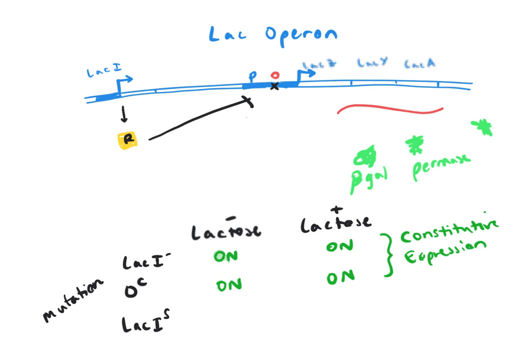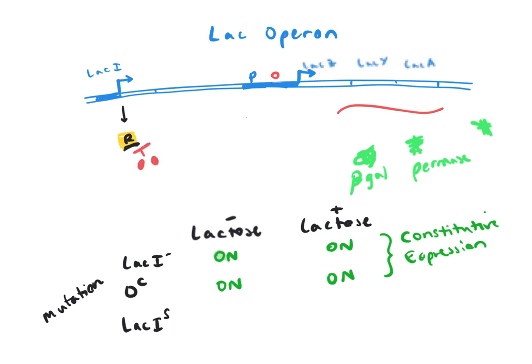The other mutation is a LAC-I super repressor. So this is a mutation in the LAC-I gene that makes it unable to bind to inducer. So regardless if lactose is present or not, the allolactose cannot bind.